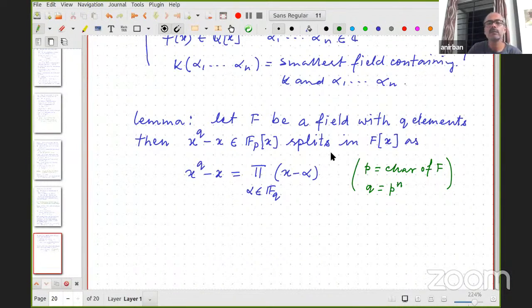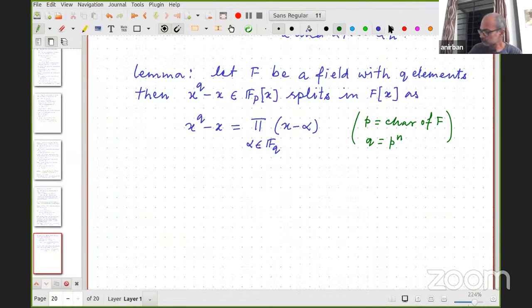So how do we prove this? So x to the q minus x. And we also say that this is the smallest field, in other words, this is the splitting field.